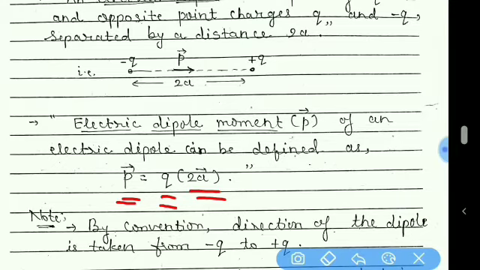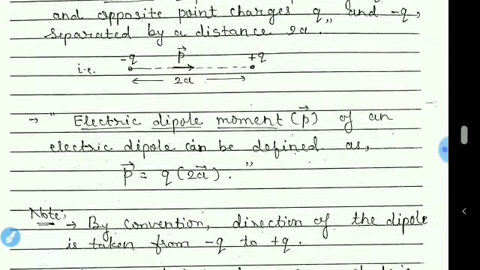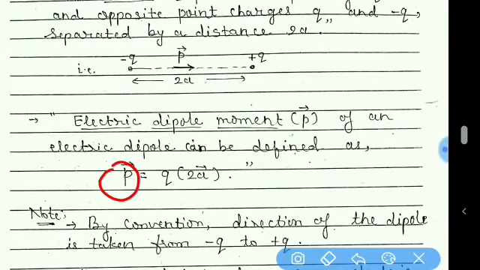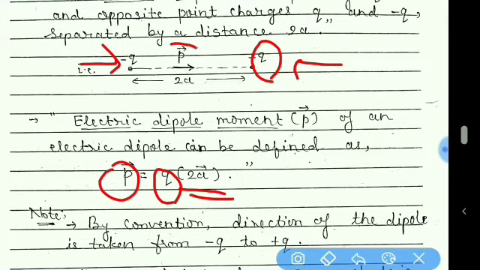This electric dipole moment p is the product of a charge and the distance between the two charges. That is, you can see here the magnitude of any charge. There are two charges. So this dipole moment p is nothing but the magnitude of any charge times the distance between them.